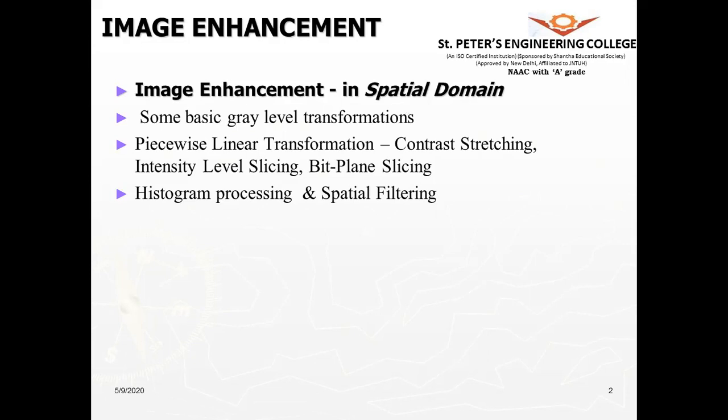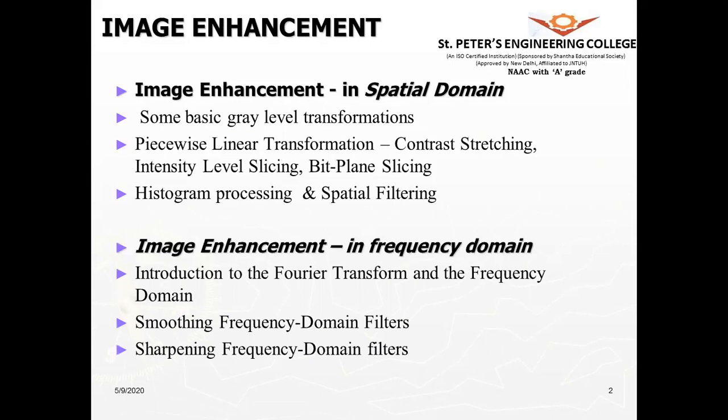Now, in this video, we will be discussing how image enhancement is done in the frequency domain. For that, we will look into the Fourier transform, and we will see how the smoothing operation is done in the frequency domain and also how image sharpening is done in the frequency domain.